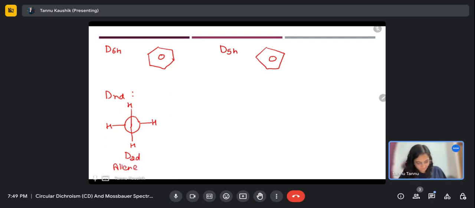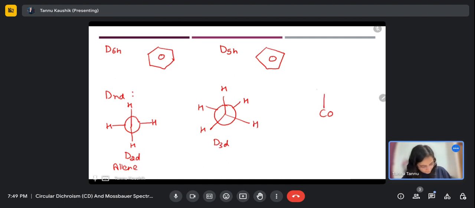Okay, then we have already seen an example of staggered ethane, which belongs to D3D point group. Then we have this metallocene, which is an example of D4D point group.